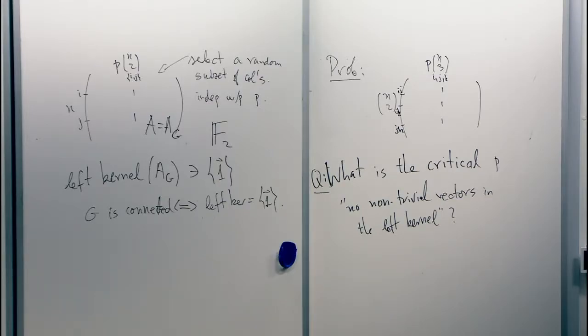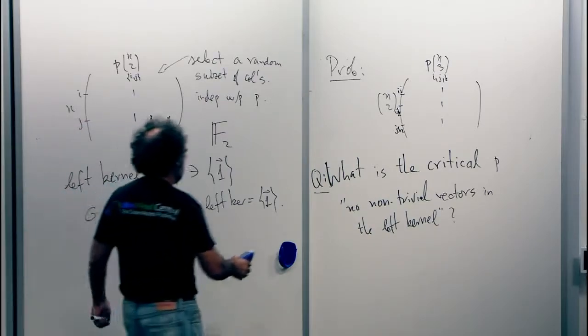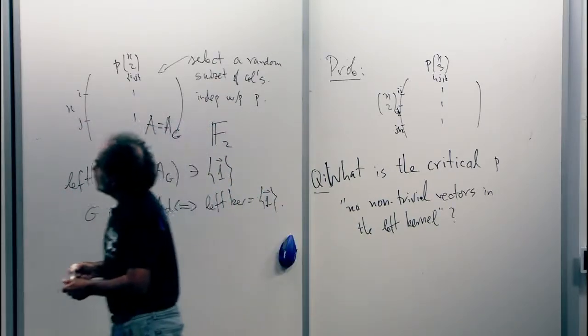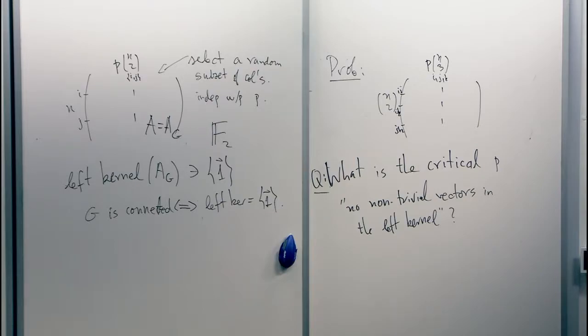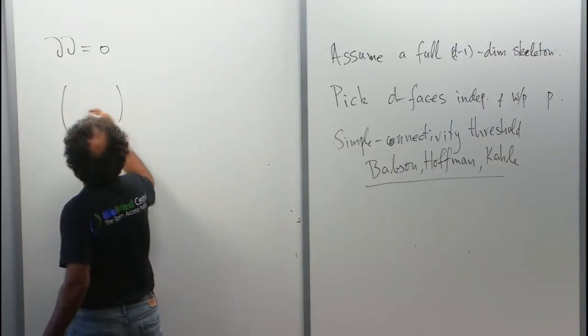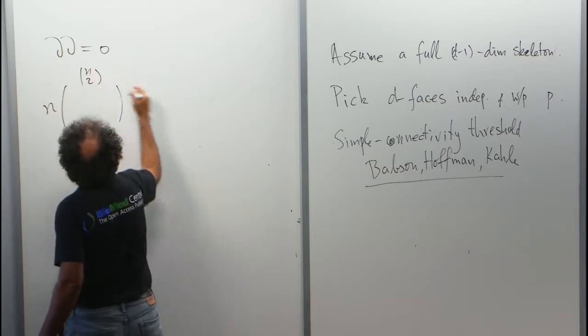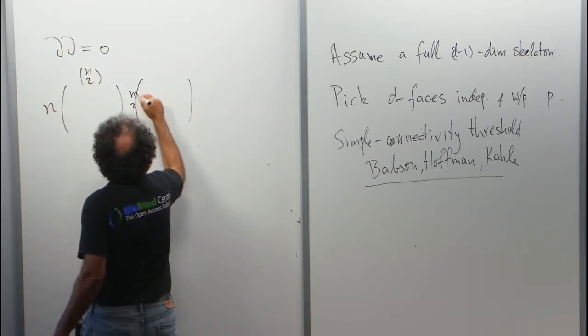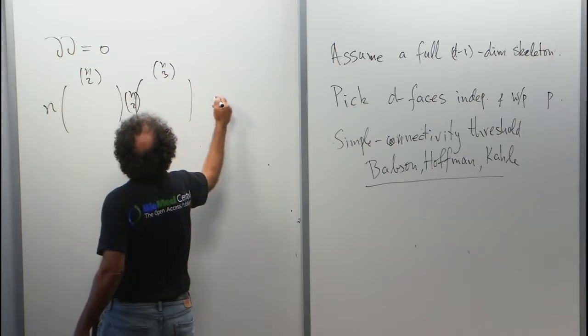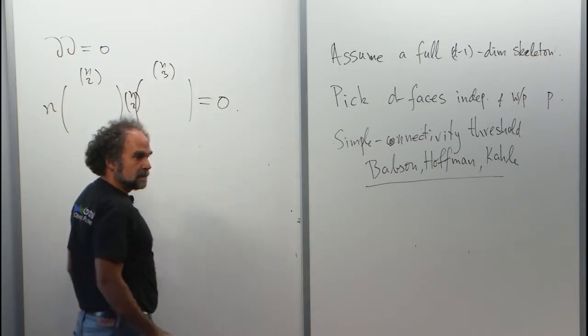So what are the trivial vectors in the left kernel? If you saw any topology, then you must have seen this thing, whatever that means. And what this means in our case is that it's a very easy thing to check that if I take these two matrices and multiply them one by the other, I get the zero matrix.